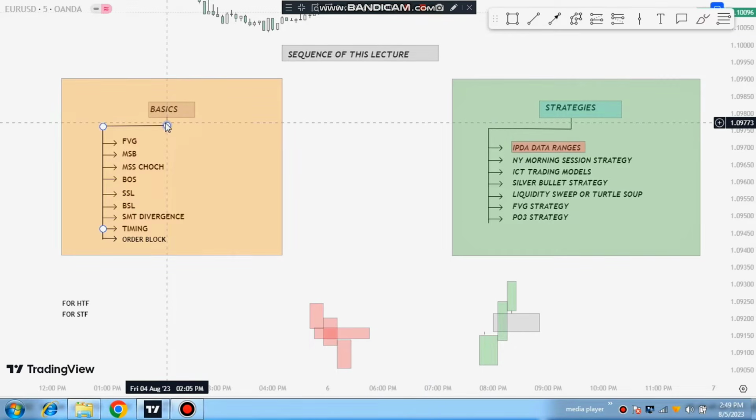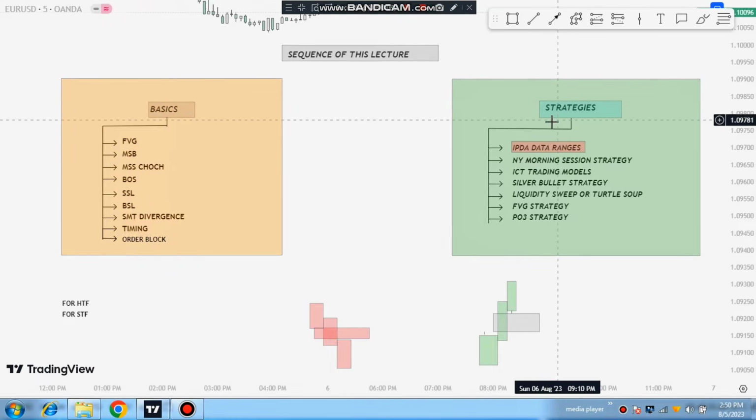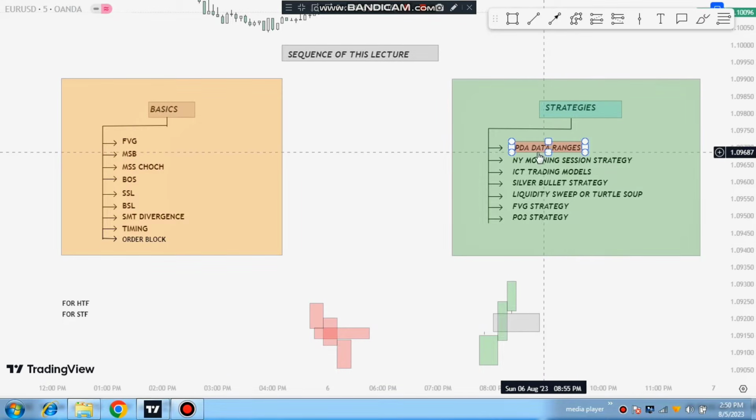Now that we have discussed all the basics, I hope it is clear. Now we will come towards the strategies and discuss them one by one. But the thing about the strategies is that these IPDA data ranges are important for all of them.